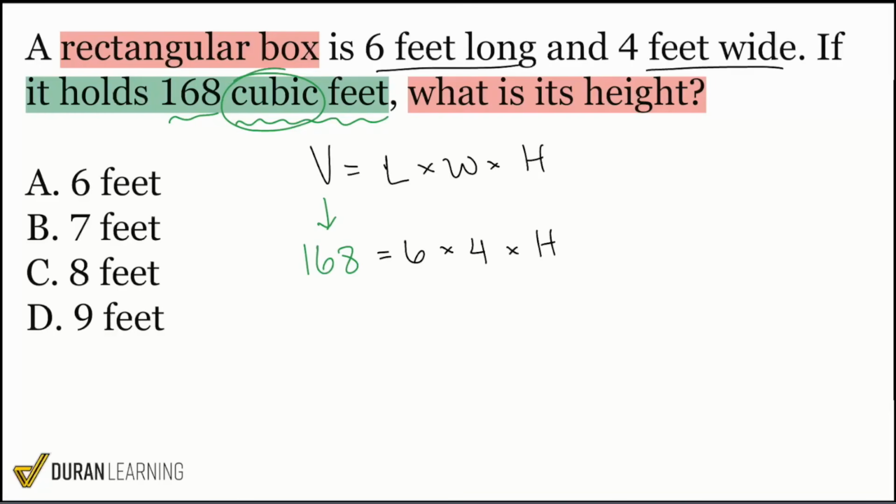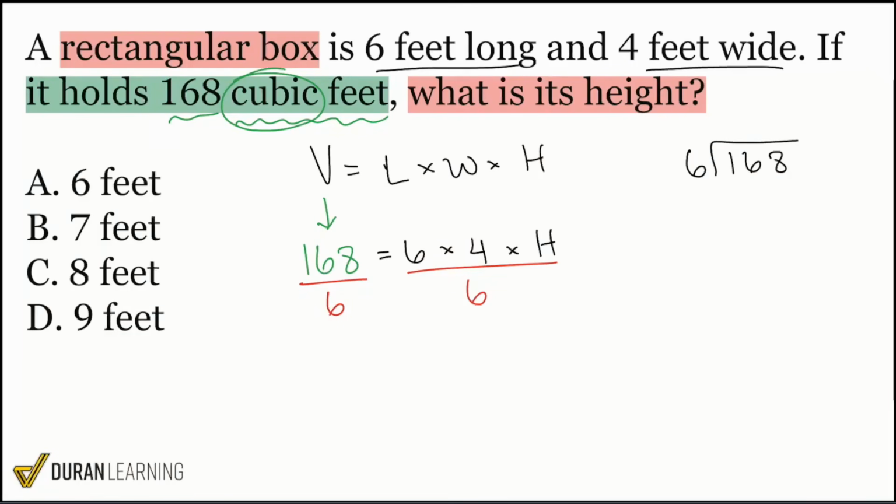A couple of options. Option A, we can multiply 6 times 4, and then divide. Or option B, which is my recommendation, divide one of the numbers at a time. Let's divide out the 6 first, and then the 4. That might be easier if you're trying to work your long division as quickly as you can.